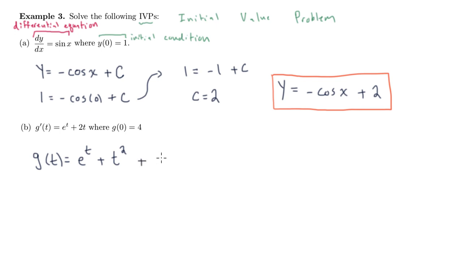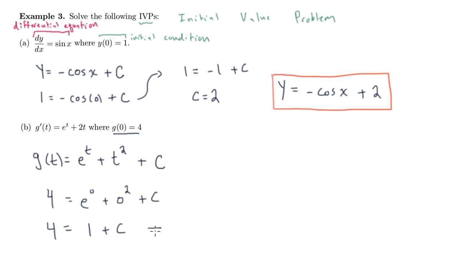And then I don't know which antiderivative it is, so I just have to put plus c. But now my job is to use my initial condition to figure out what c is. So if I plug in 0 for t, I should get 4. So I have e to the 0 plus 0 squared plus c. So e to the 0 is 1, 0 squared is 0.